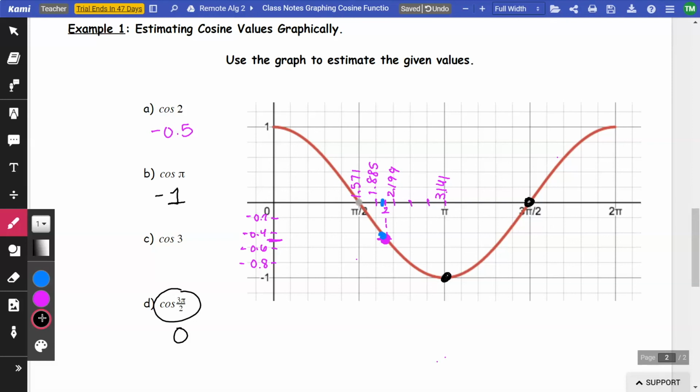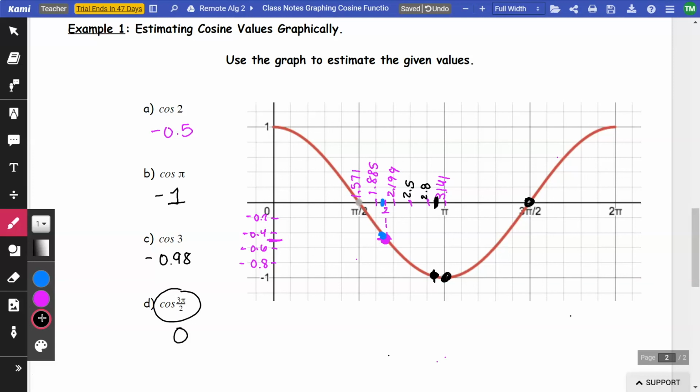Counting by that 0.314, this would be 2.5. This would be 2.8. So 3 again is somewhere in between here, coming down to this value here, just above negative 1. Let's say that it's like negative 0.98, because we're really close to negative 1, but not quite there.